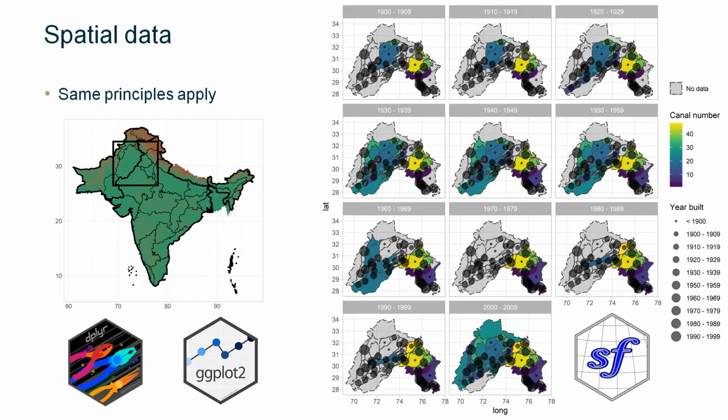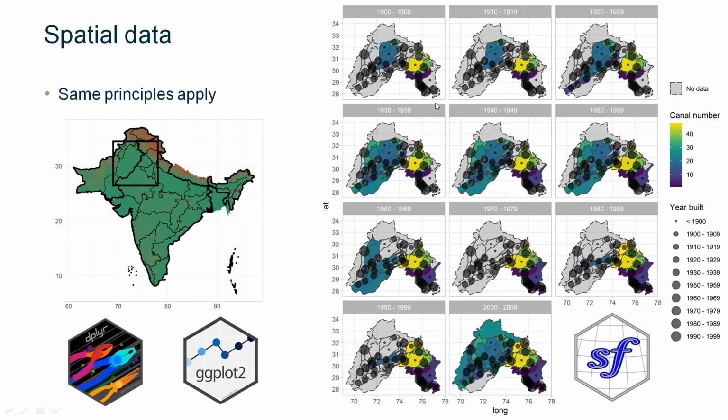And just before I close, I just want to point out as well that one of the things that I find extremely useful more recently with ggplot2 is that you can use dplyr, ggplot2, along with some other packages in R, which I won't get into detail of, to plot spatial data. This is just an example of some work that I've been doing recently in the northwest of India, looking at groundwater levels and the influence of canals on them.